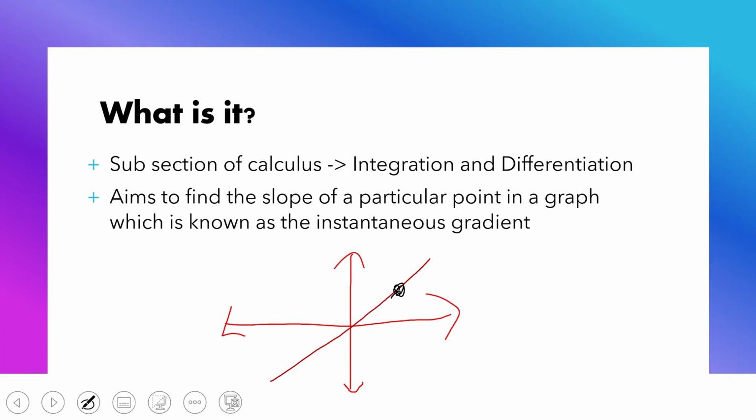Well, most of you will know that the gradient is just equal to rise over run. And this will work because if you think about it, the gradient here is the same as gradient here because this is a straight line. So it means the gradient is constant. The slope or the steepness of the line is constant throughout the whole entire line.